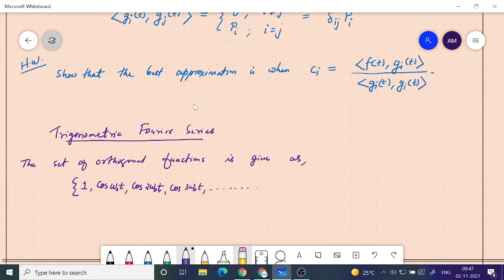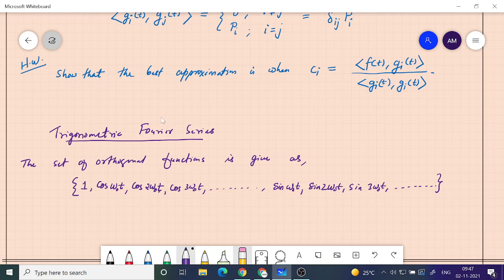There are infinite number of terms in the set, so capital N in this case is infinity. Similarly you have sin omega 0t, then sin 2 omega 0t, sin 3 omega 0t, and this also goes up to infinity.